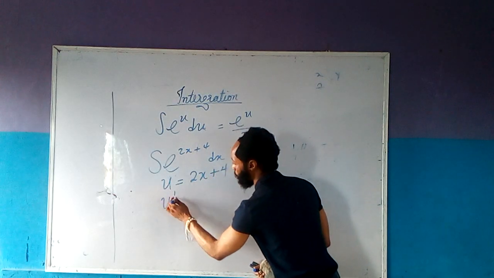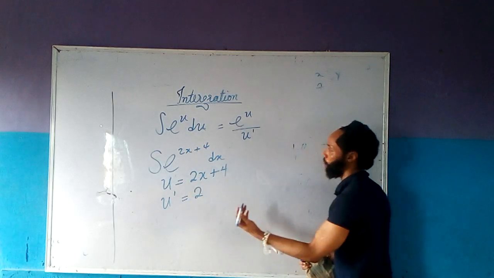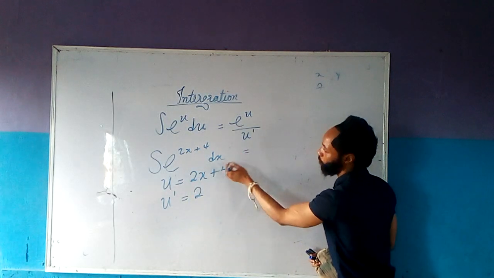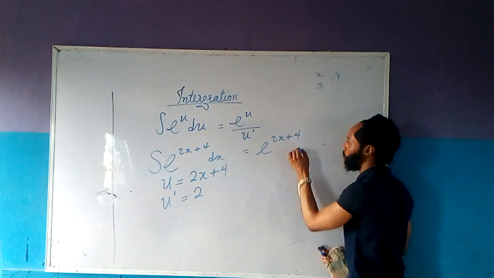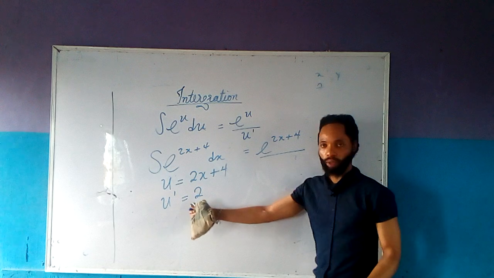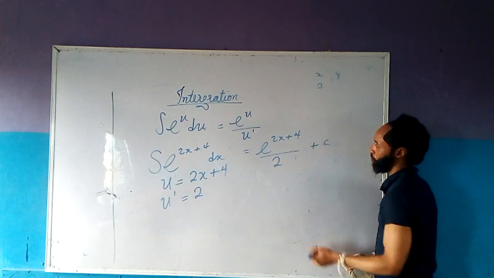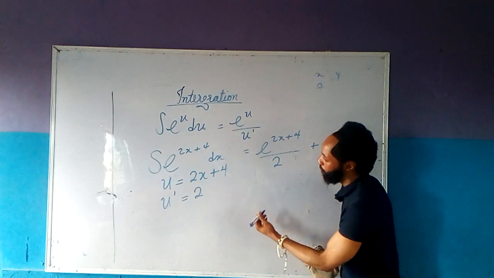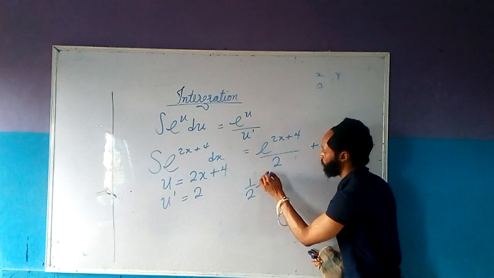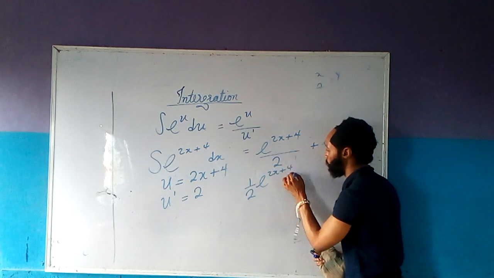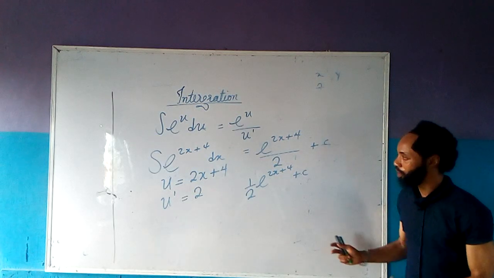Then our u prime, differentiating this, the 4 gives 0 and the 2x gives 2. So we have e raised to power 2x plus 4 all over 2, plus constant of integration. We further write it as 1 over 2 e raised to power 2x plus 4 plus c. This is our answer. This is quite straightforward.